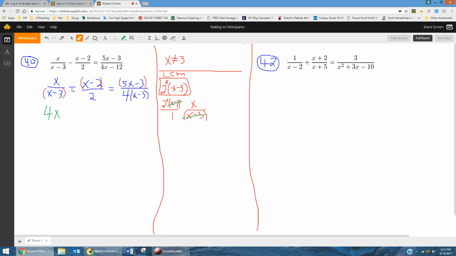Now this minus sign kind of travels with the numerator, but let me again show the work involved. I'm going to multiply the second term, minus x minus 2 over 2, by the LCM, which is 2 squared times the quantity x minus 3.